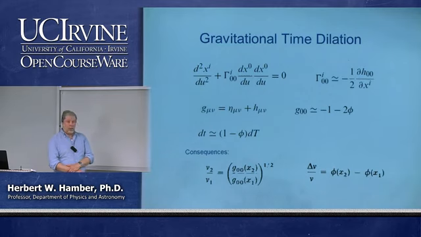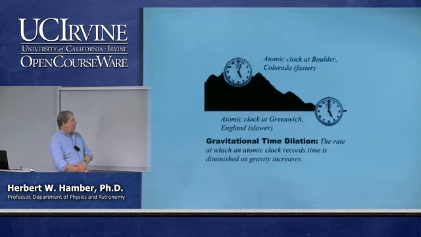For weak fields, it's just a difference in the fields, which is very easy to calculate and work with. So an effect that leads to a very simple formula in the end. That means that a clock which is high up in a gravitational field will run a little bit faster than a clock which is down on the surface of the Earth.